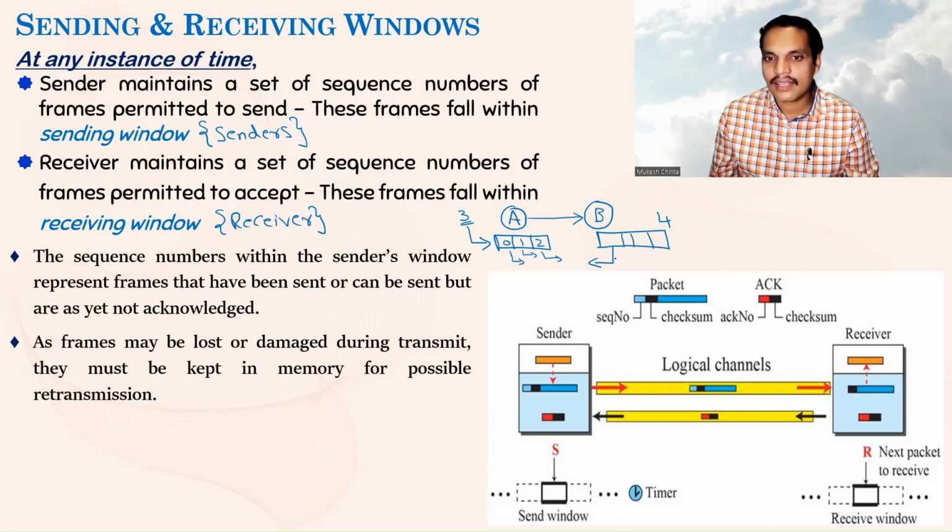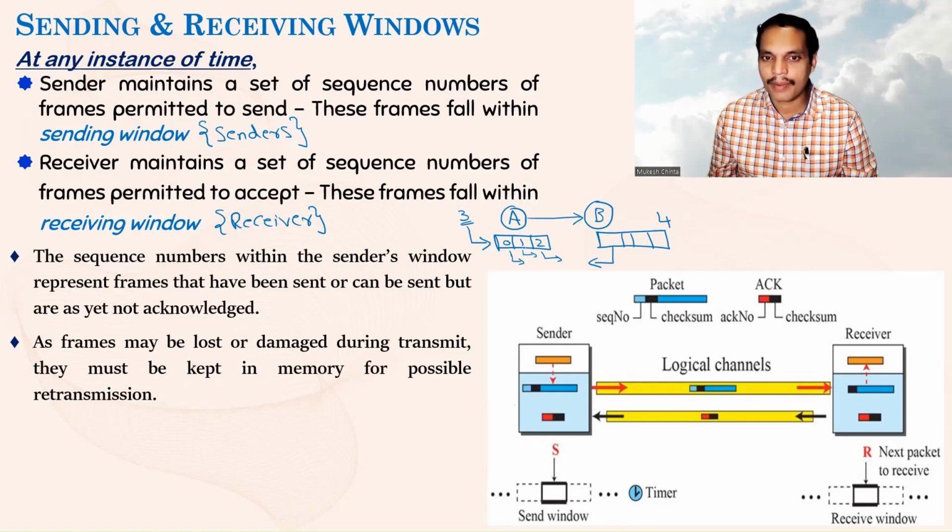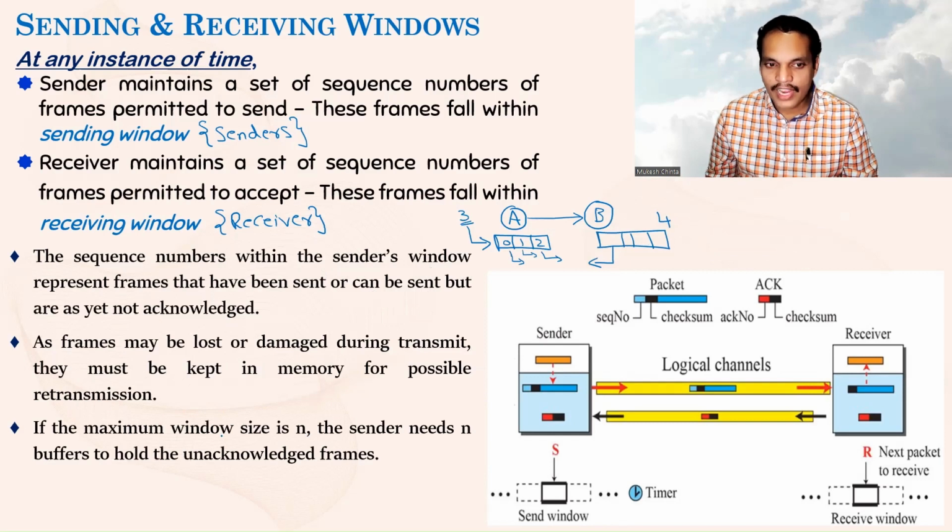Until the acknowledgement for these 3 frames comes back, the frames with sequence numbers 0, 1, and 2 have to be kept in memory, because if any of these is lost, the sender has to retransmit it. Once the acknowledgement is received, it can remove them and replace them with new frames. So if the maximum window size is n, the sender needs n buffers to hold the unacknowledged frames. Here the sender's window is 3. Imagine if it is 7.